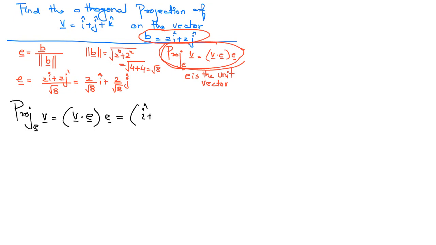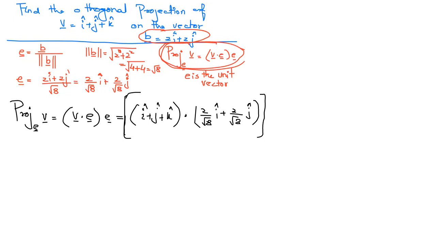V vector is I plus J plus K. You have to do the dot product with the E vector, that is 2 divided by square root of 8 I plus 2 divided by square root of 8 J, and the whole thing multiplied with the E vector, which is 2 divided by square root of 8 I plus 2 divided by square root of 8 J. So how can you make the dot product? First component with the first component, second component with the second component.